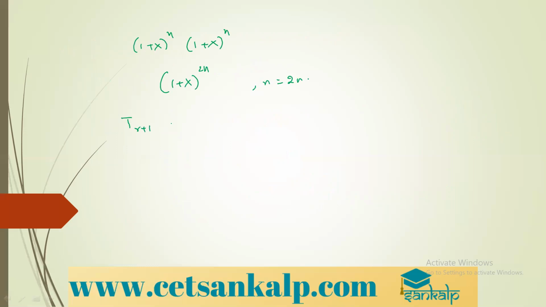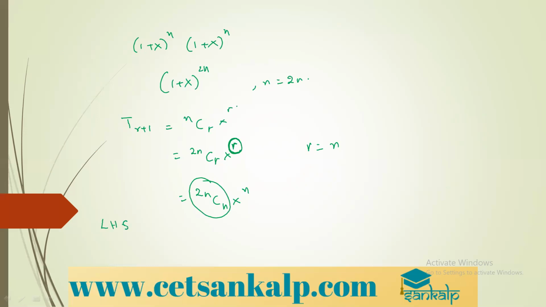I will take the general term nCr x power r. n is 2n, so 2nCr. I want the coefficient of x power n. That means r I will take as n. So 2nCn x power n. This is the coefficient of x power n on the left side.